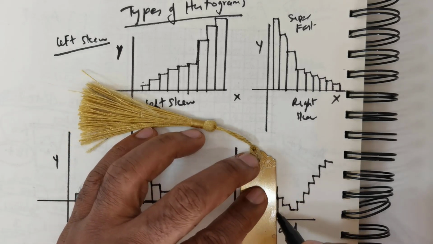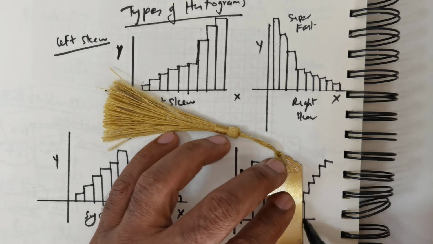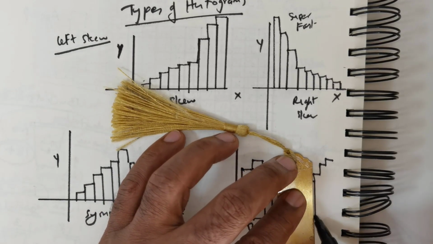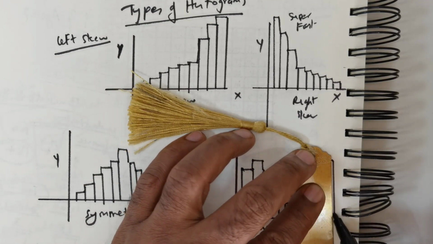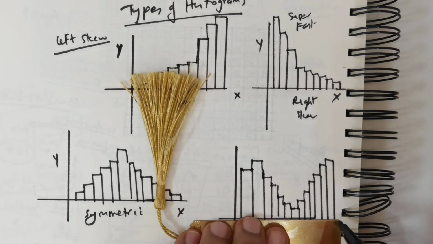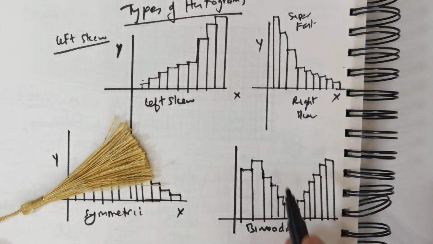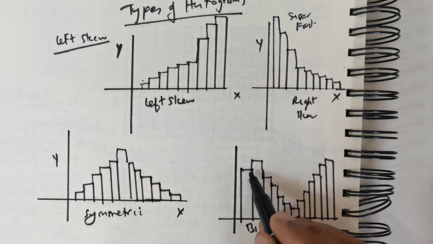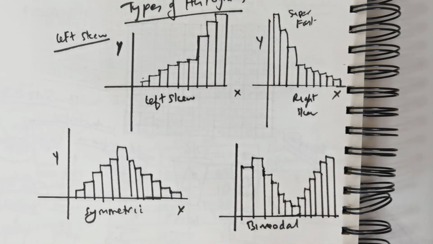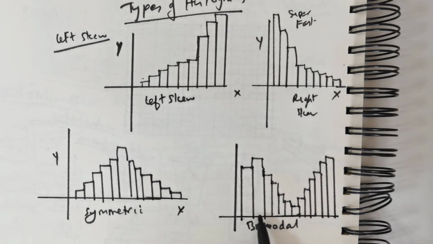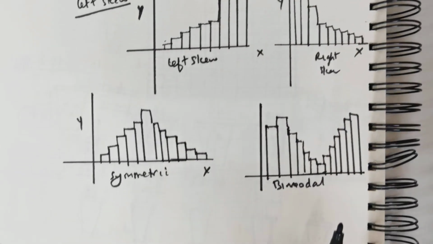Whenever you come across a histogram like this, it's called bimodal. You see that this is the shape. You have a tall building, and then the height diminishes, then it hits an all-time low, and then it rises up. So this is a beautiful illustration of bimodal.